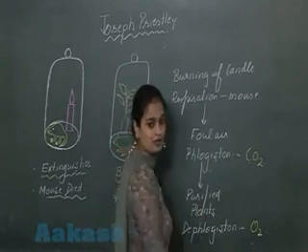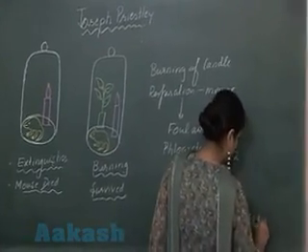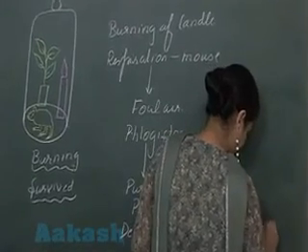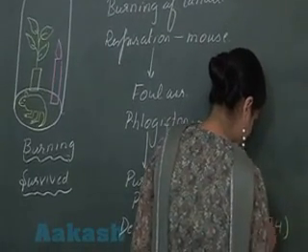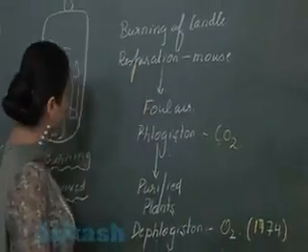Now the dephlogiston was discovered by Joseph Priestley in 1774. So this point is very much clear to you.